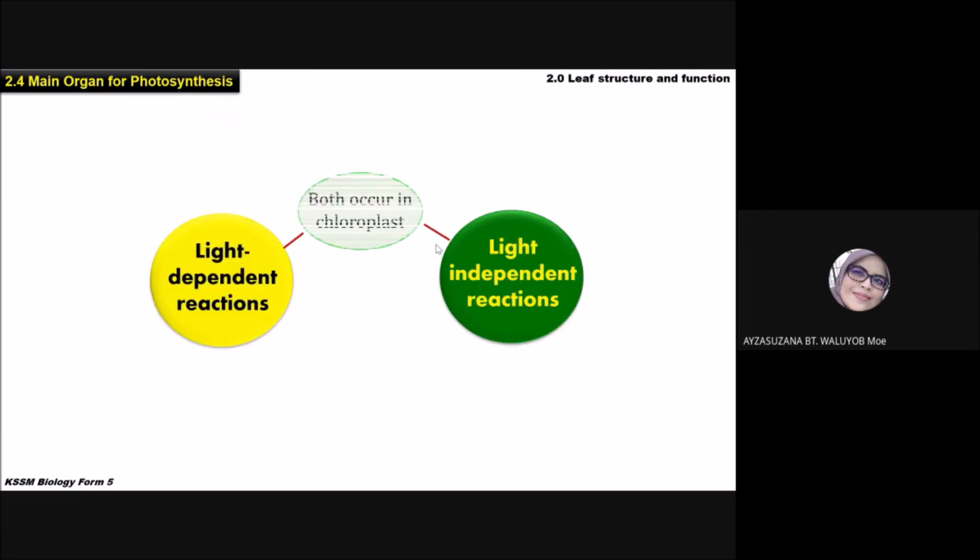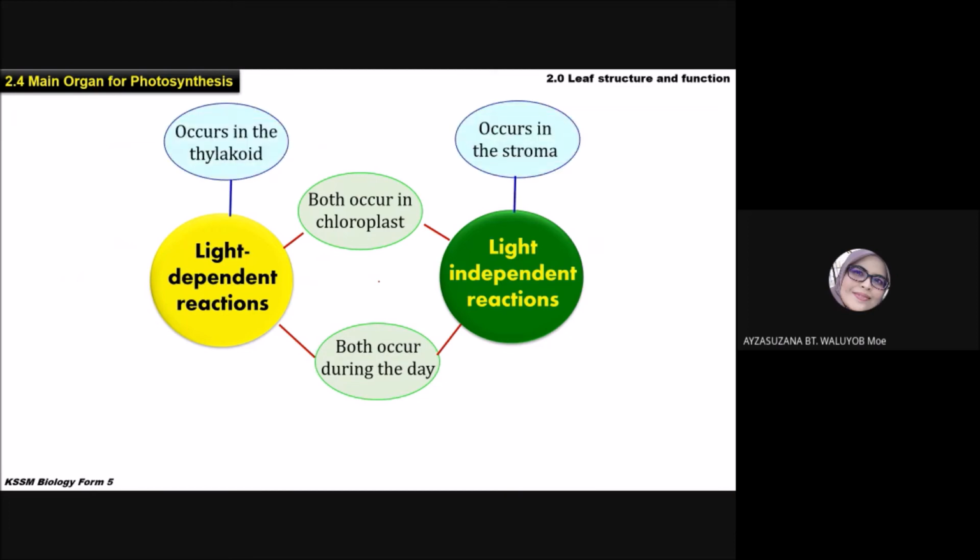Both occur in chloroplast. Dua-dua memang berlaku dekat chloroplast. Both during the day, bukan waktu malam sahaja, bukan waktu siang saja. Dua-dua sebenarnya berlaku pada waktu siang. Cuma yang pertama, dia depends on the sunlight, dan another one, dia not depends on the sunlight. Itu saja perbezaan dia.